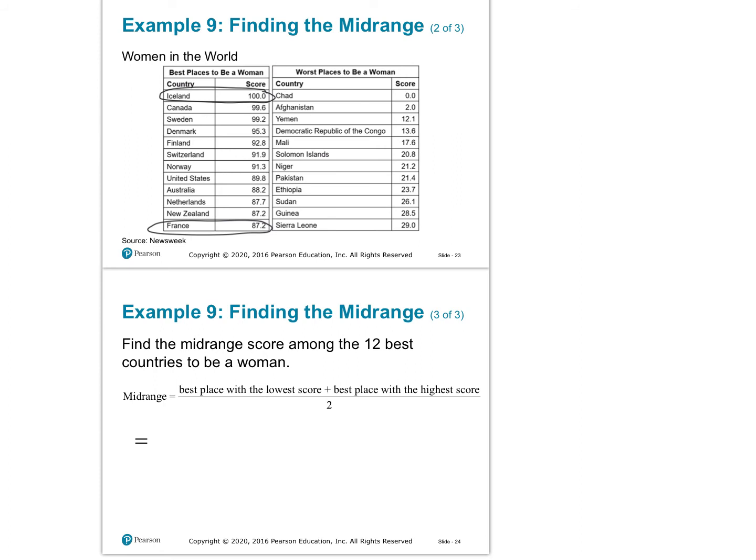So we're going to do 87.2 plus 100 and then divide by 2. So best place with lowest score and then best place with highest score, and then divide by 2.